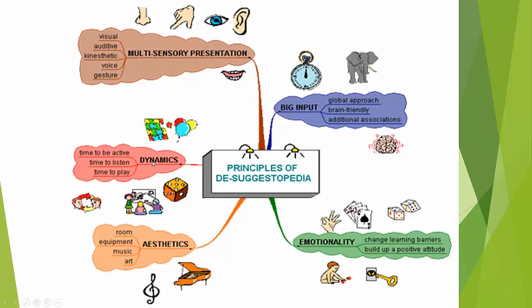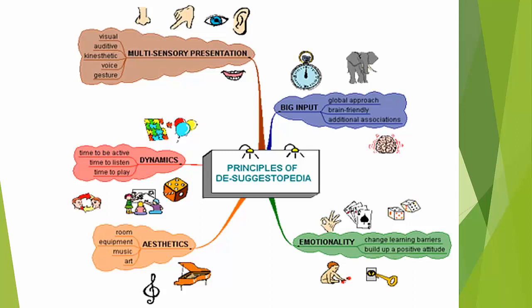What about dynamics? Our class has to be dynamic. They are going to learn if they can develop different kinds of activities. They have time to play, time to listen, and also time to be active. So when we do all these activities, we consider the different learning styles that our students have.